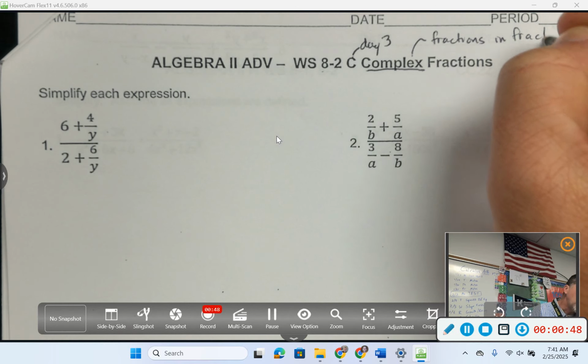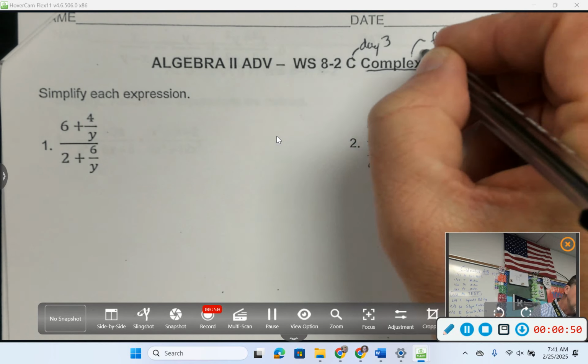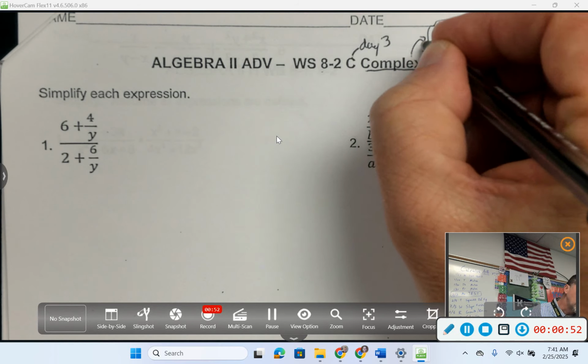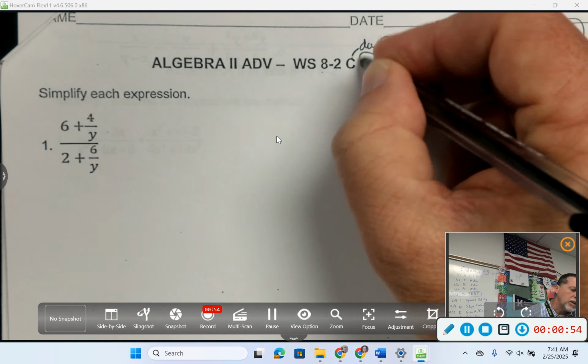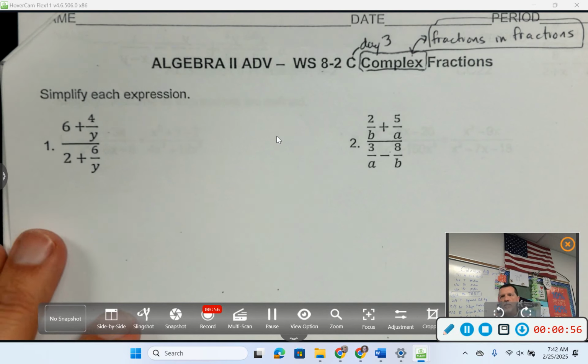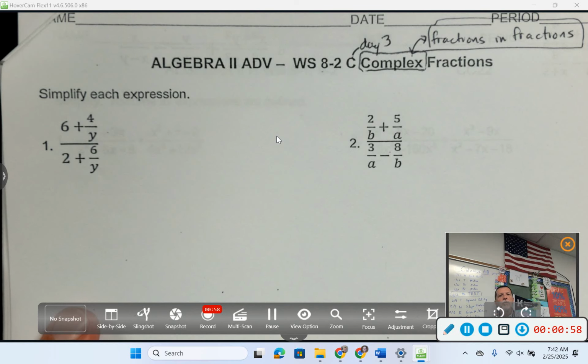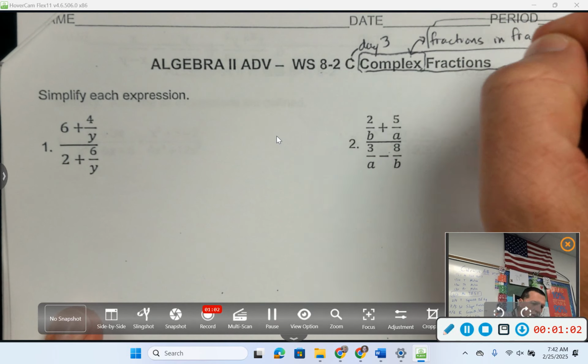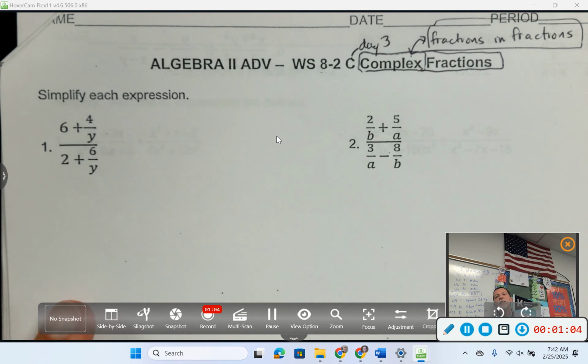All right, when we say complex, what we mean by complex is fractions within fractions. That's what complex means. It doesn't just mean, oh, that's a hard one. No, it has a technical definition, not just hard fractions or difficult fractions.